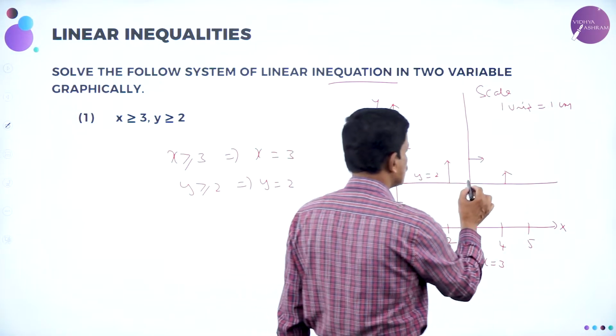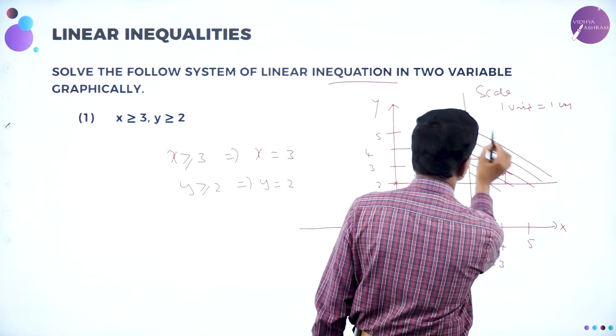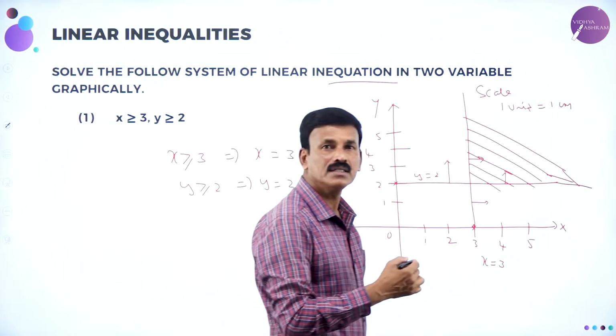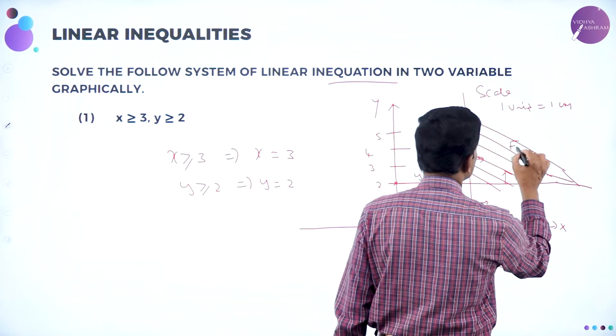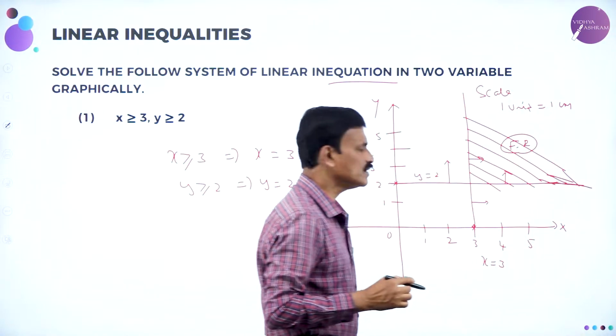That is, this is the solution set. And this region is called the feasible region. This is the feasible region for the given inequality.